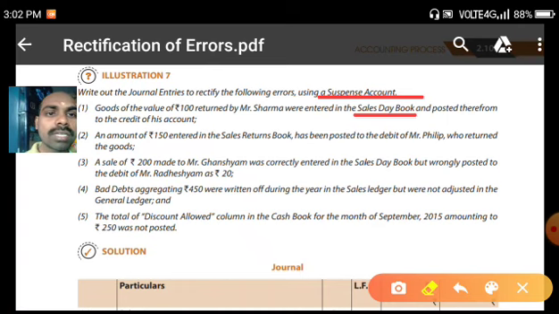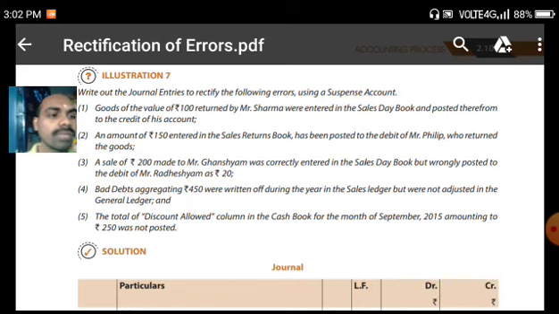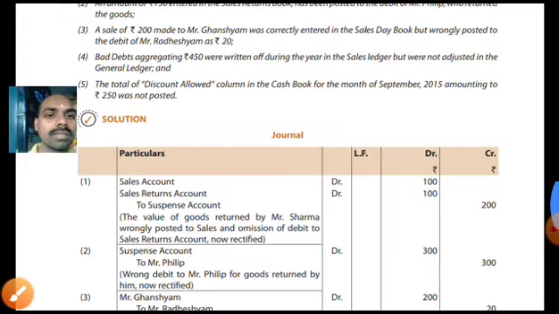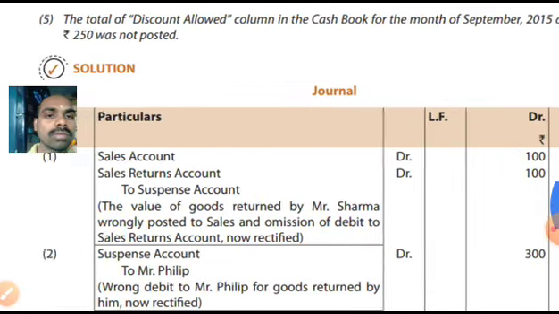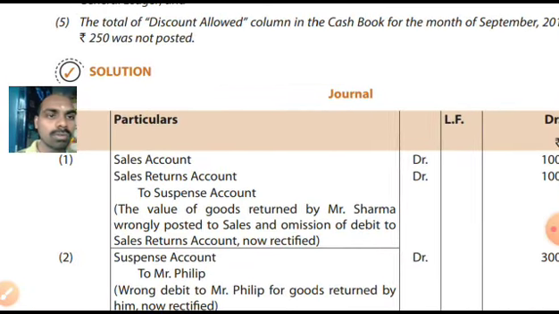And it was credited to his account. His account is credited correctly, but instead of debiting sales return, we have entered it in sales. So the rectification entry will be: you have wrongly posted in the sales account, so sales account debit, and sales returns should be debited.